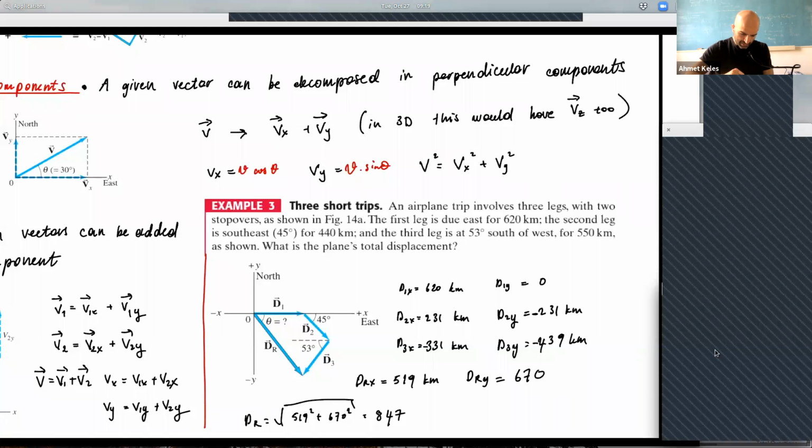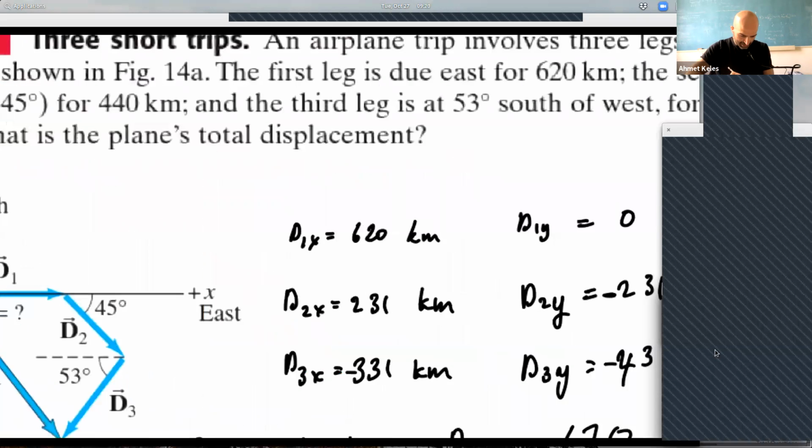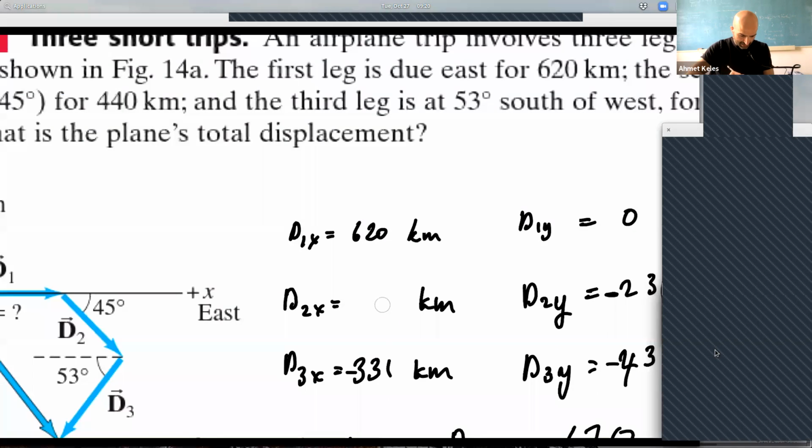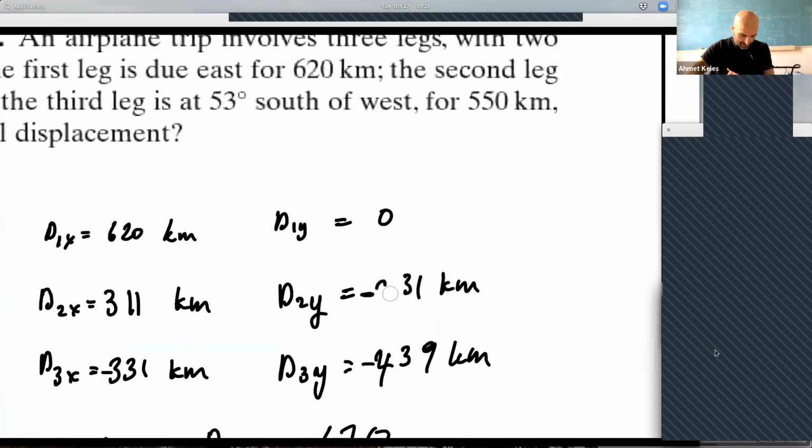Cosine 45 times 440. Yes, 311. I will blame the morning for this. Thank you guys. This is 311.